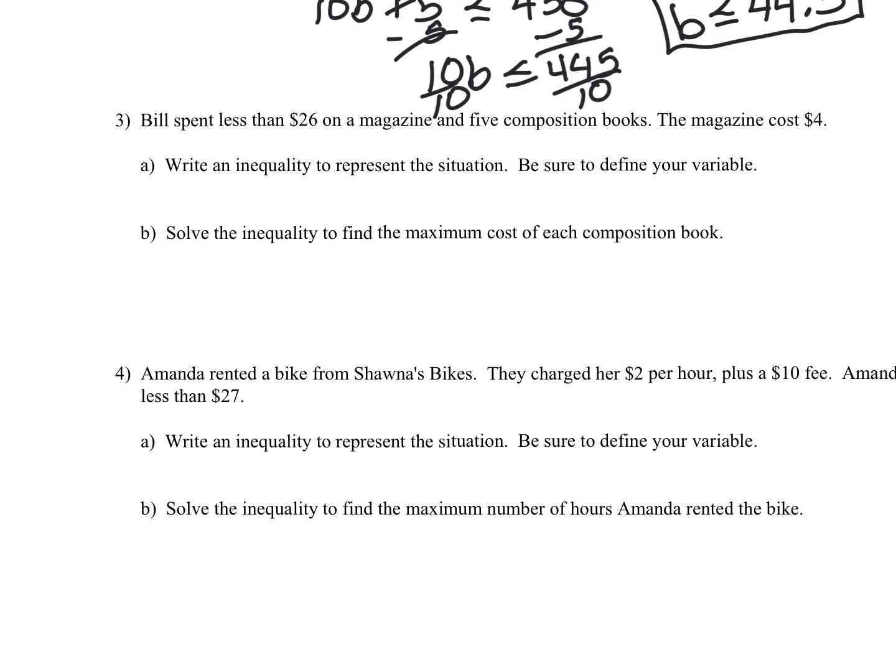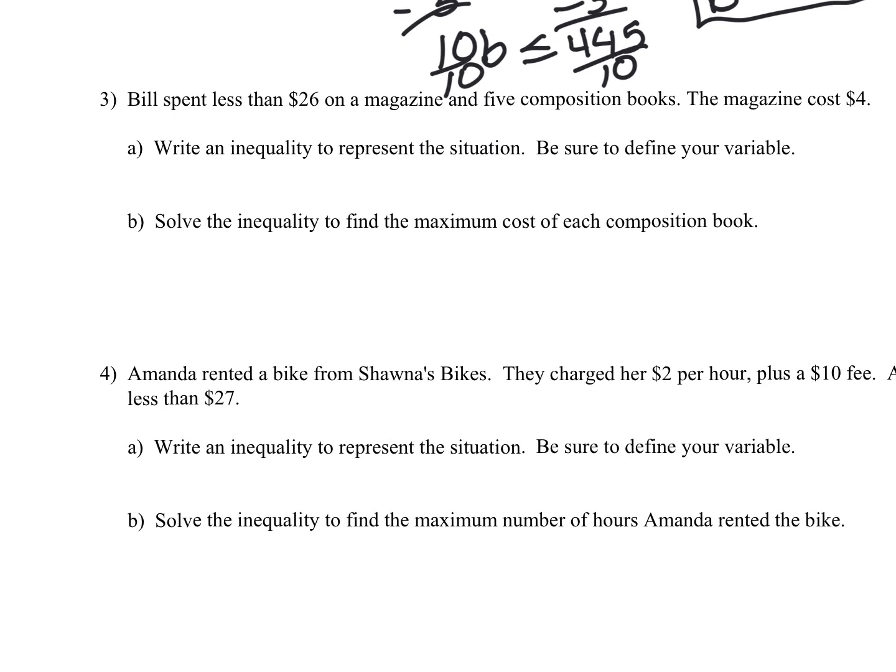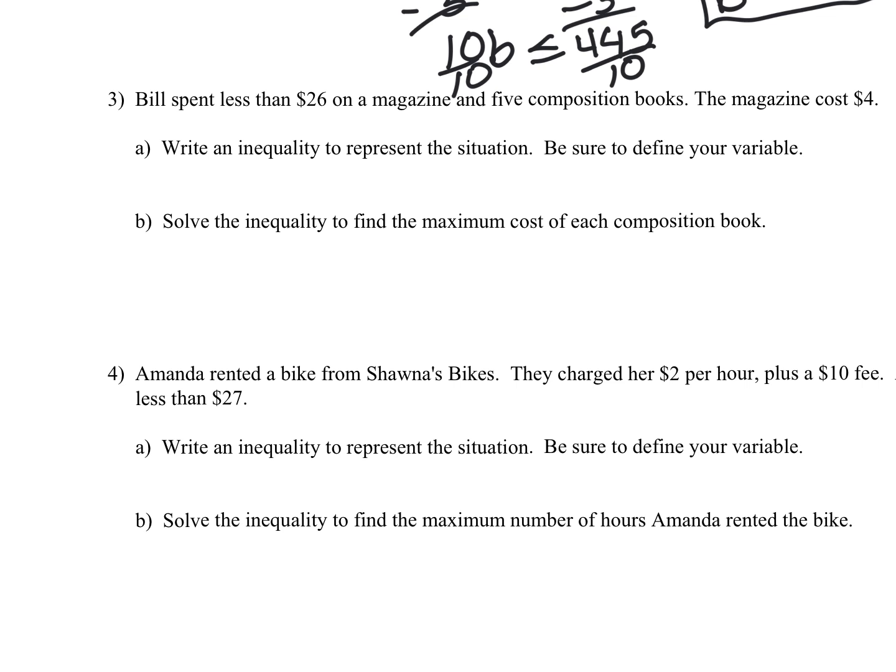And again, just like yesterday, I'll do the third one setup, and then you need to work on solving 3 and finishing 4 through 8. Bill spent less than $26. Well, there's our total. So the 26 goes here, and it says less than.